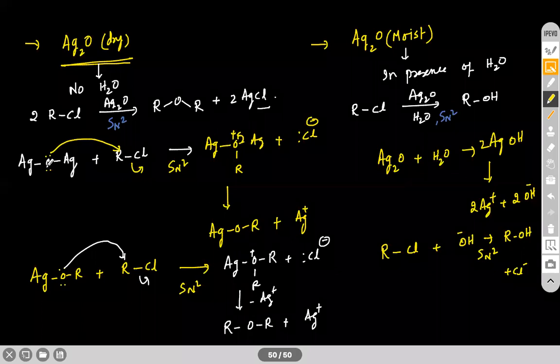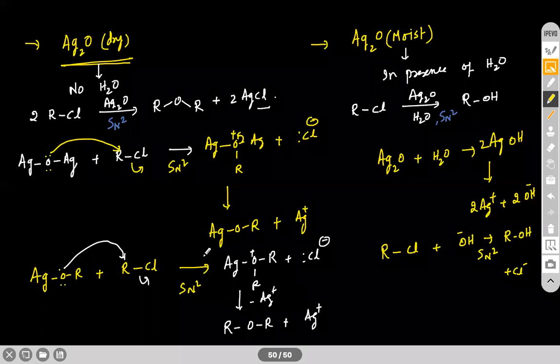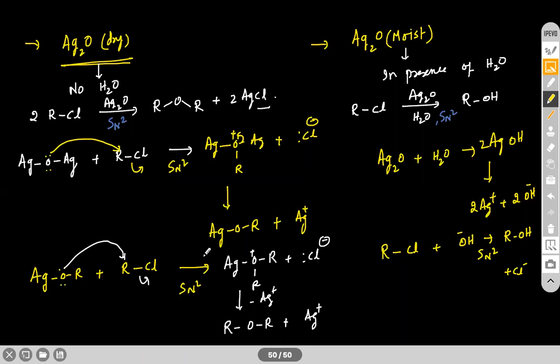Actually, the overall reaction is written as this plus this gives you this plus this. अब इन दोनों के बीच में ये सारा कुछ हो रहा है. So I have written here to make you understand. So this you must keep in mind: moist gives you alcohol, dry gives you ether.